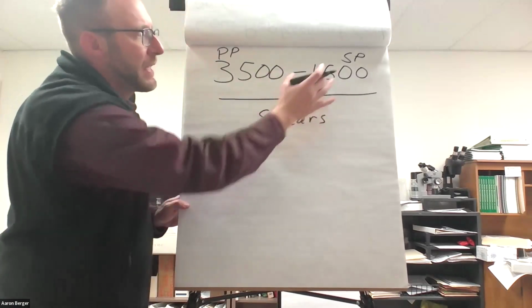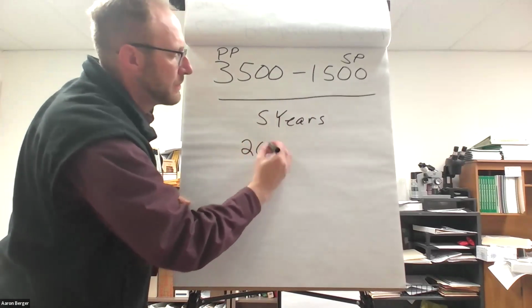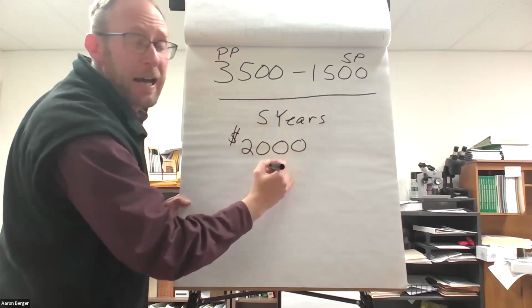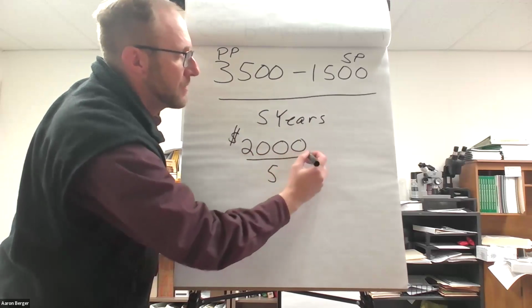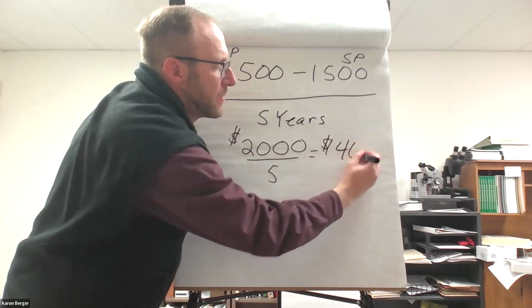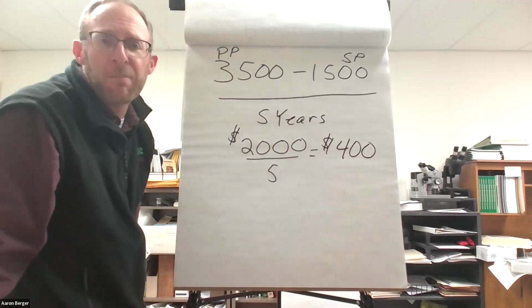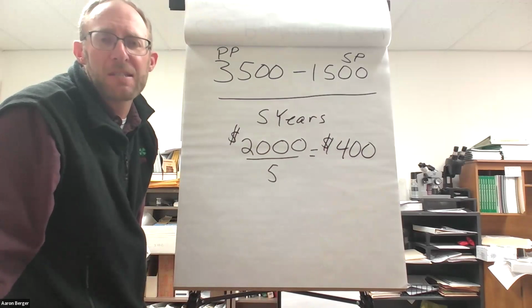So I've got 3,500 minus 1,500. That's going to be $2,000. And I'm going to get 5 productive years out of her, so we're going to divide that by 5. Well, 2,000 divided by 5 in my book is $400 of cow depreciation. Now, you don't get a bill in the mail that says you owe $400 per cow for depreciation, but did value leave the business?